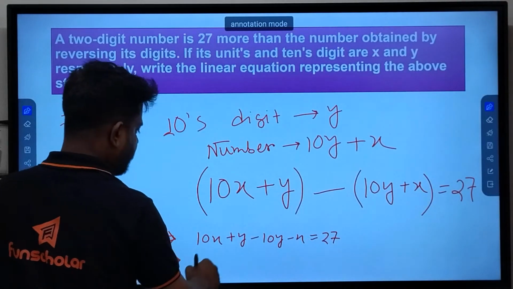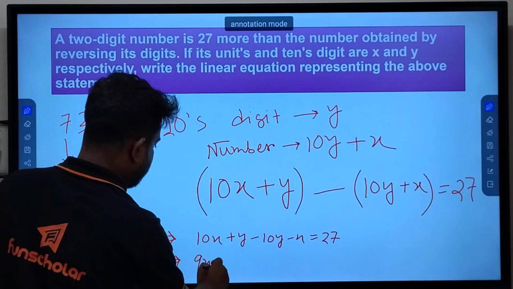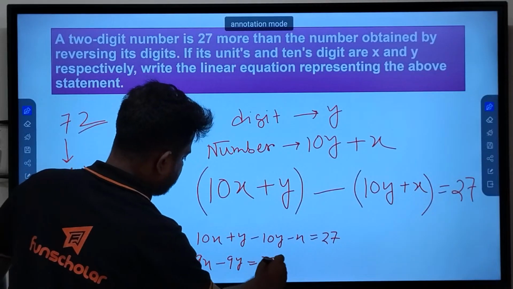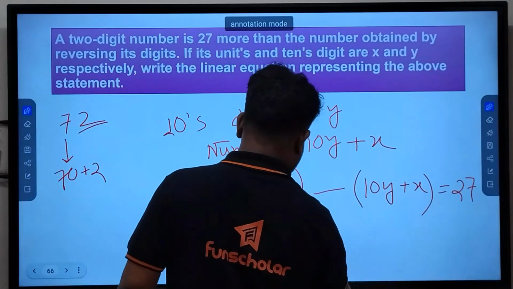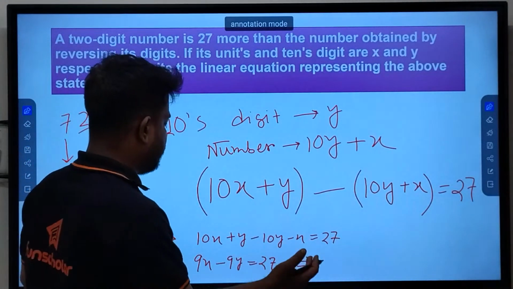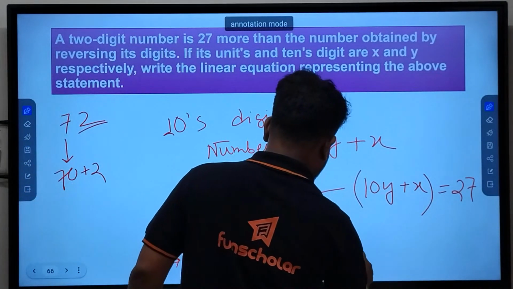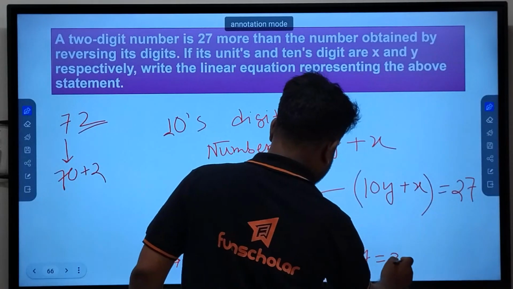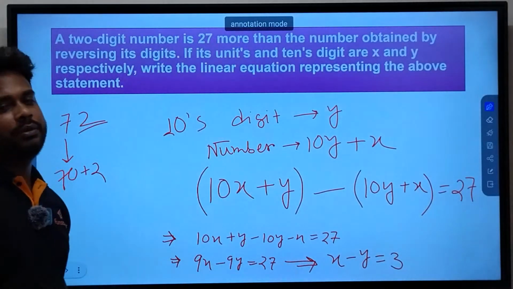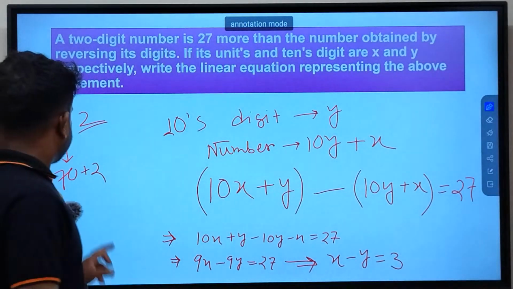So it will be 9x minus 9y equals 27, and if I take 9 common out of this equation, it will be x minus y equals 3. So this will be the standard form of this equation, right?